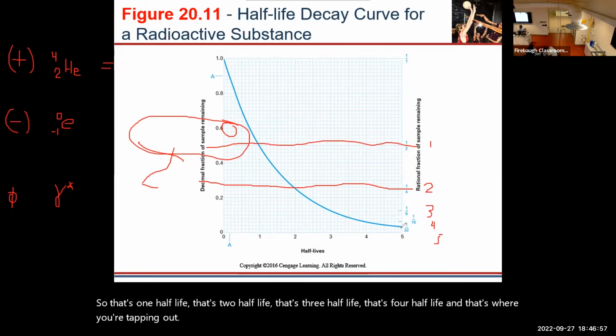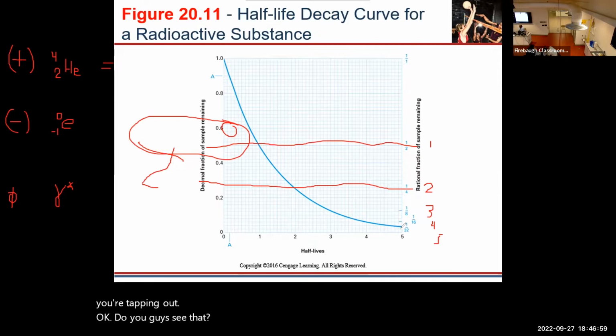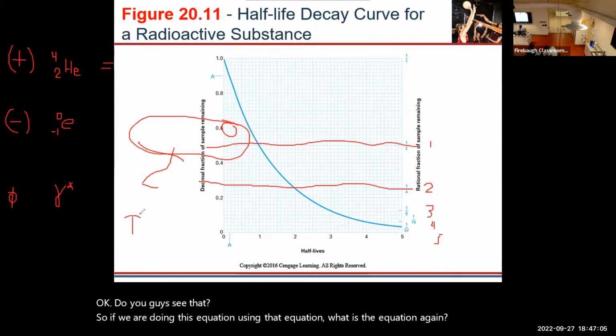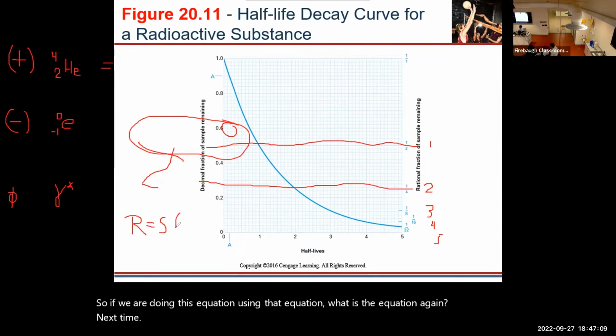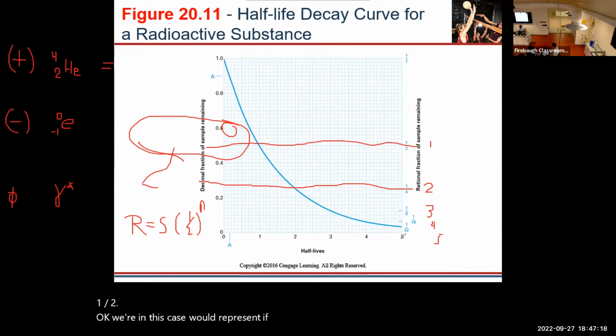Okay, so if we were to do this equation, what is the equation again? R. Okay, where n in this case represents the number of half-lives, right?